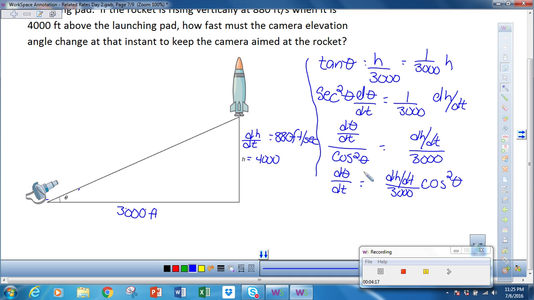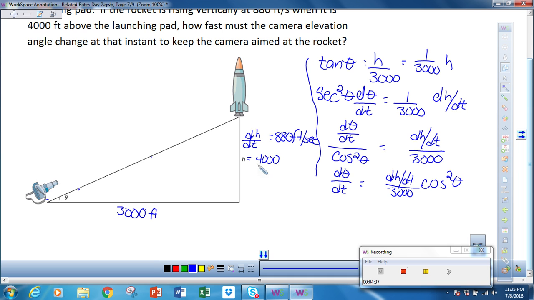Alrighty. So to find d theta dt, all I need now is cosine squared theta. Well, what do I know about cosine? I know that cosine is the adjacent side over the hypotenuse. And so if I can find cosine theta, I can substitute that value in.